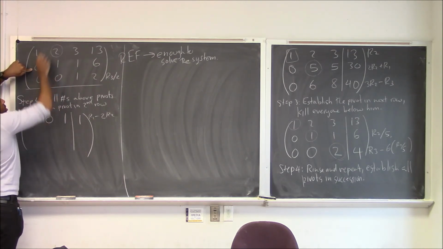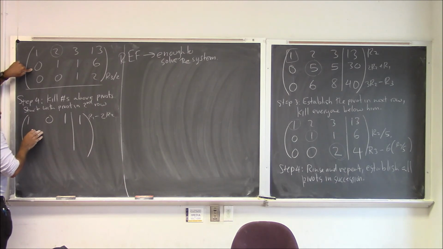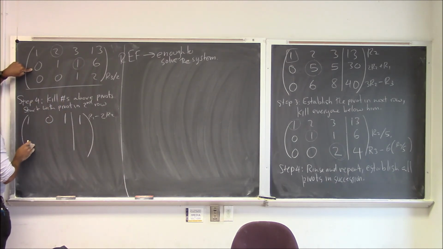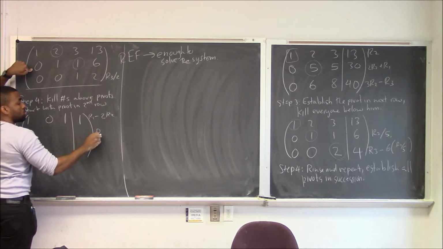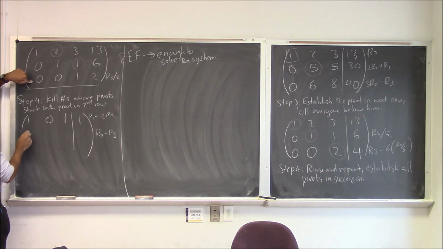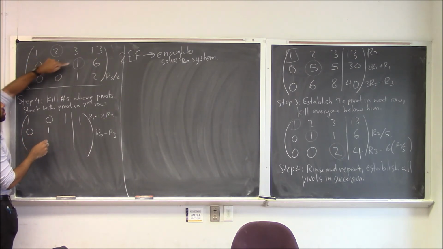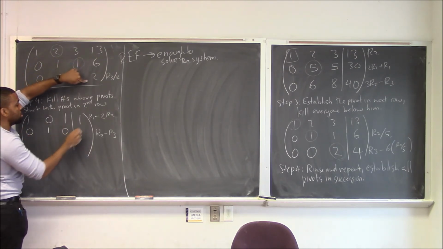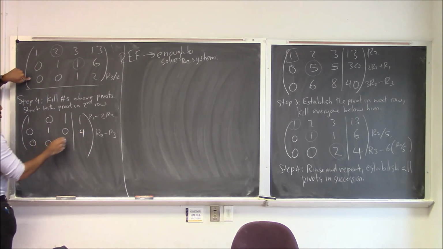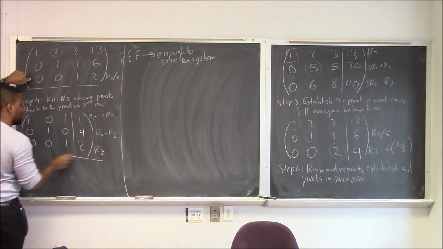So that turns this into a 0. I could in the same breath get this into a 0, right? How would I do that? Just take row 2 minus row 3. This minus that, 0. This minus that, 1. This minus that, 0. This minus that, 4. And this guy is just recopied for now.